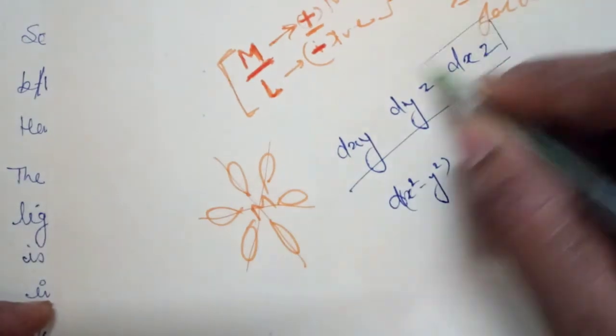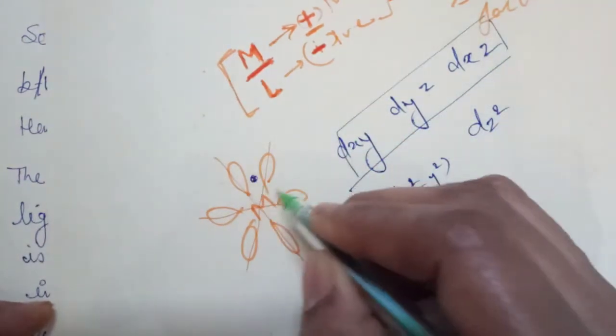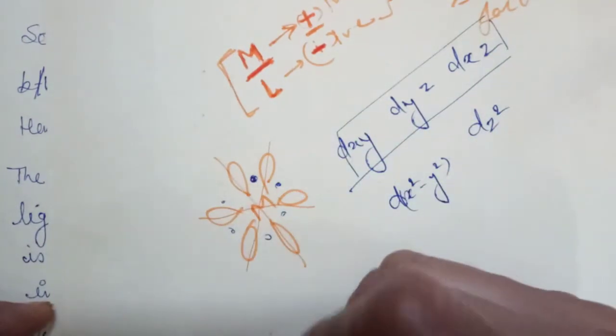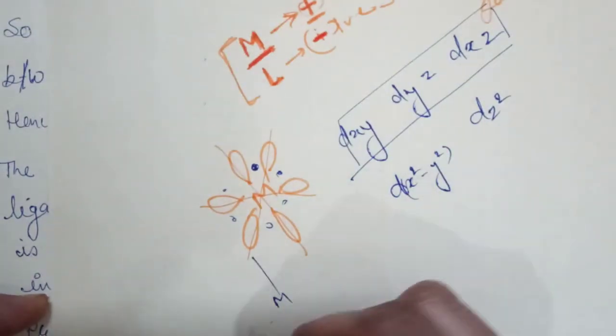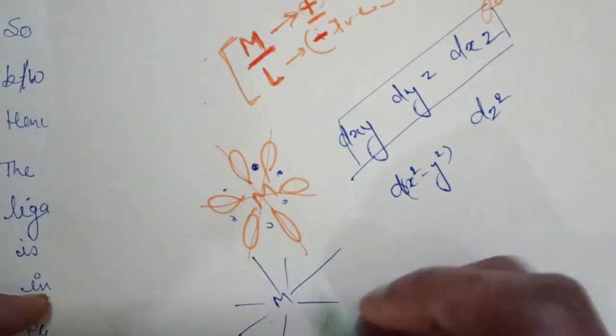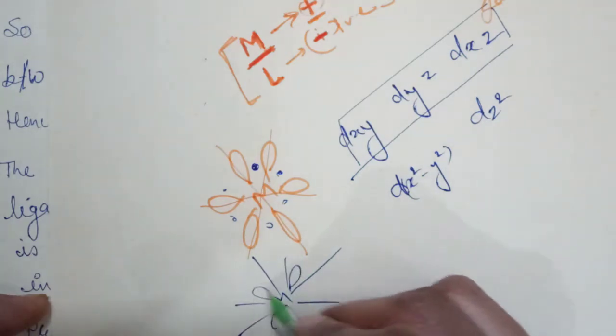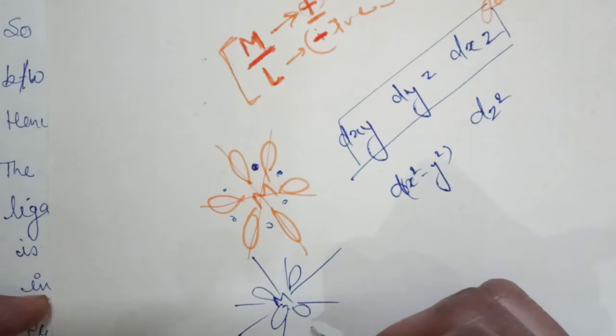These 3 orbitals are found in between the axes, means in the plane, means dxy means this is M and these are the axes. Okay, then in between the axes these are found.